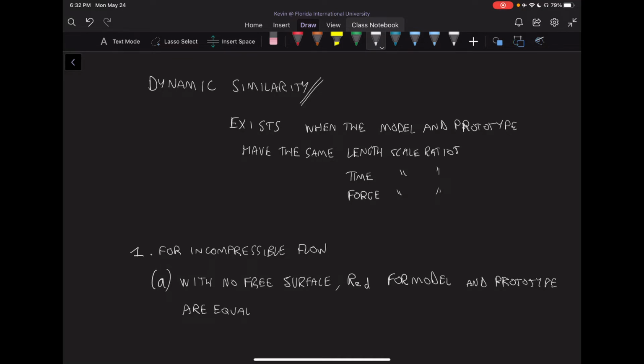So whenever we have a Reynolds number for two systems and we want them to be dynamically similar, we have to satisfy this condition for incompressible flow. Okay, we need to satisfy these conditions to say that we have dynamic similarity.